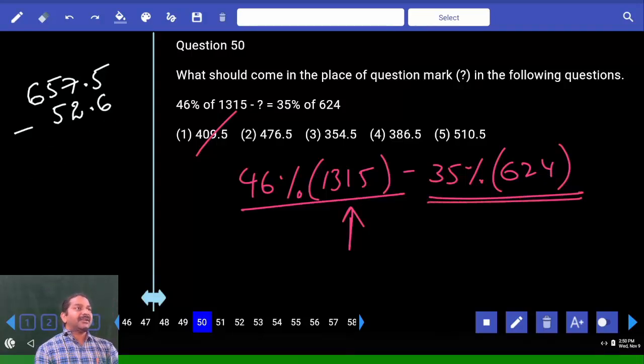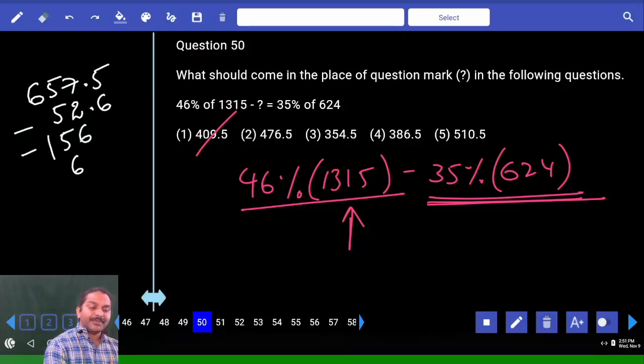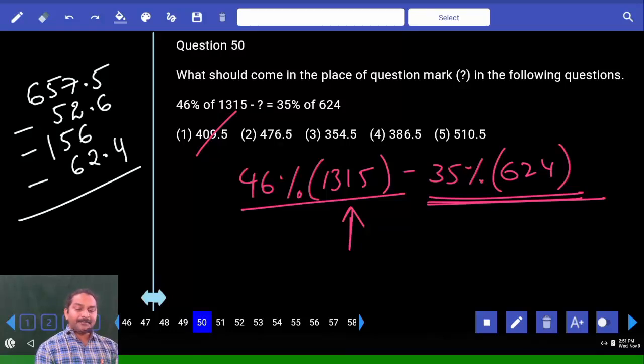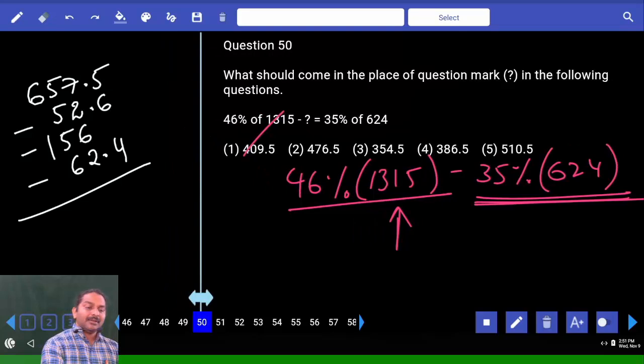How do you get that? 25% plus 10%? 25%. 1/4. 1/4. 156. Correct. 10%. 62.4. All are negative numbers only? Right. Come on.